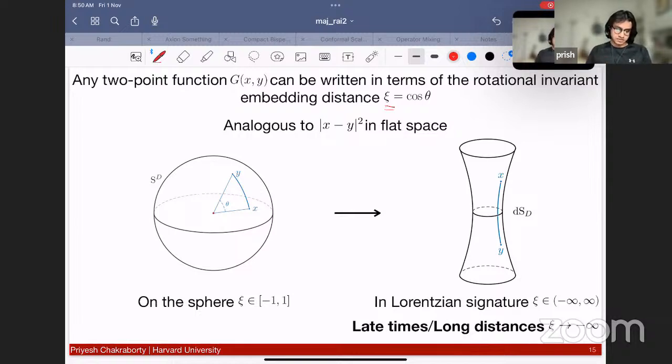On the sphere, of course, this C is a cosine. It only takes values between -1 and 1. But I can phrase my analytic continuation in terms of continuing in this variable C onto the entire real line. And specifically, I'm interested in the IR. So that corresponds to sending C to -infinity.